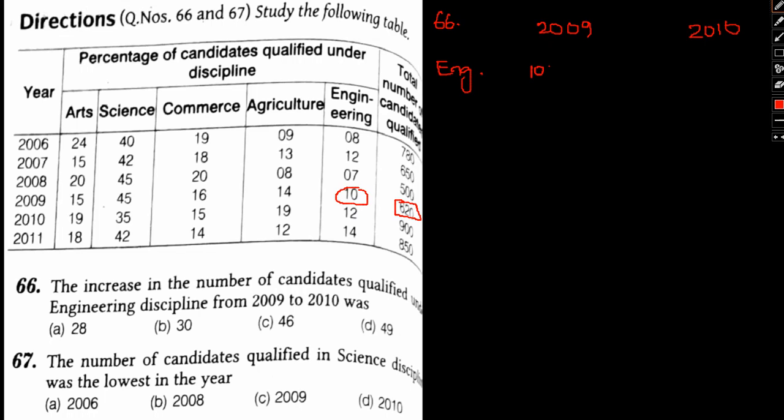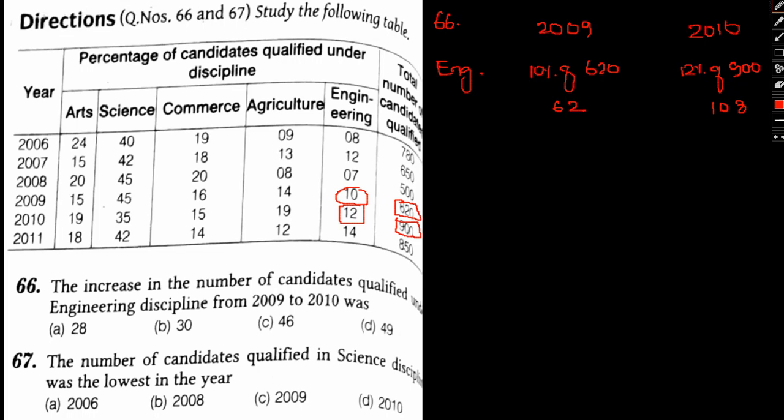So 10% of 620 came out to be 62. And in 2010 it constituted 12% of 900. So 12% of 900 will be 90 plus 1% is 18, so 90 plus 18 comes out to be 108.